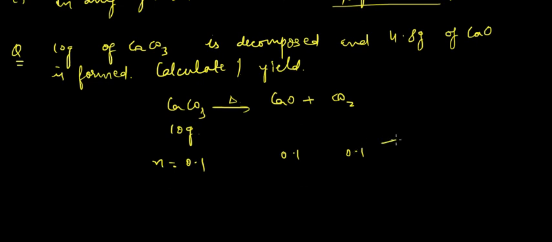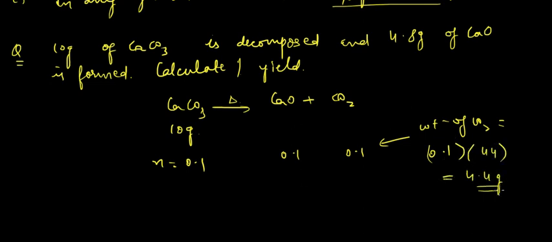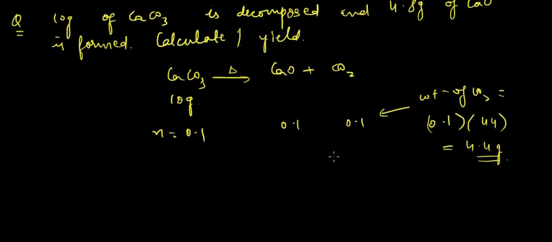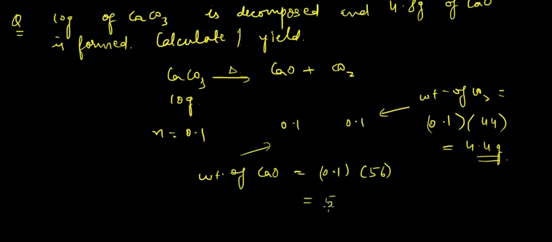What should be the weight of CO2 that should be formed? 0.1 into the molar mass of CO2, which is 44, hence 4.4 grams of CO2 was hoped to be formed. And how much weight of CaO was hoped to be formed? 0.1 into the weight of CaO, which is 56 grams, hence 5.6 grams is supposed to be formed.